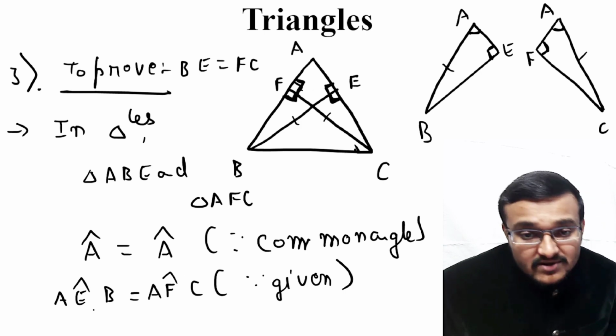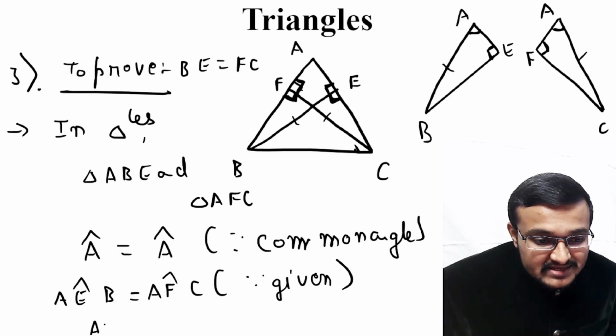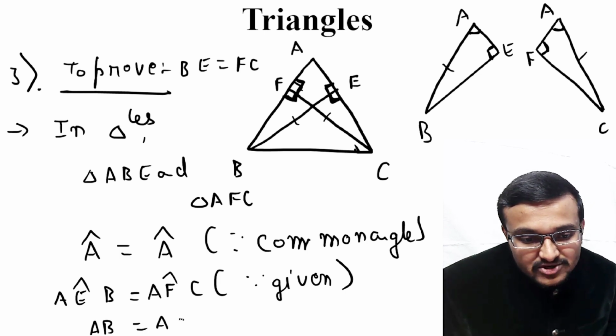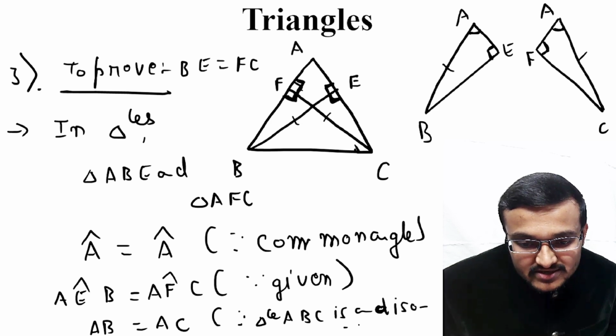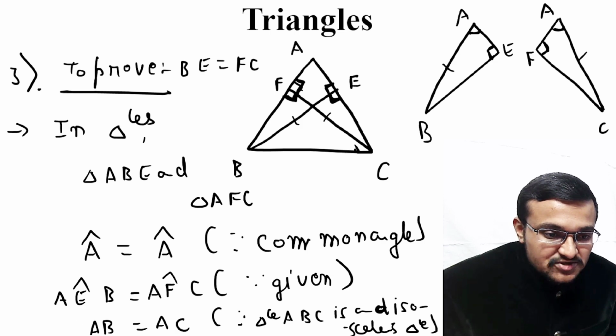So now we know that AB is equal to AC because triangle ABC is an isosceles triangle. Therefore AB is equal to AC.